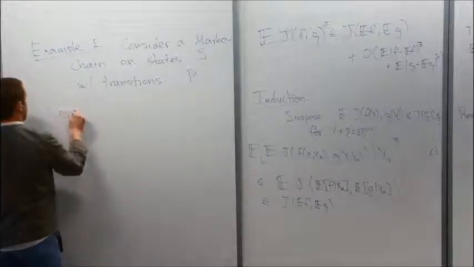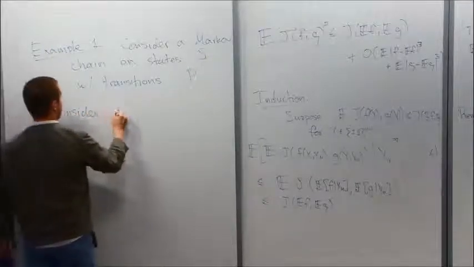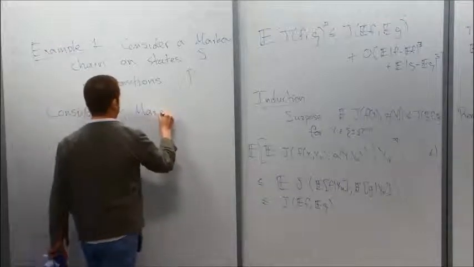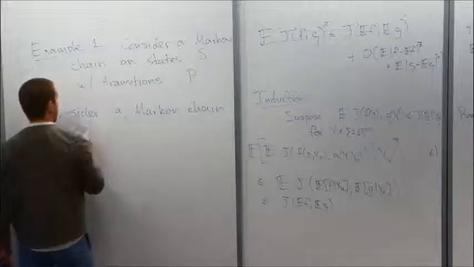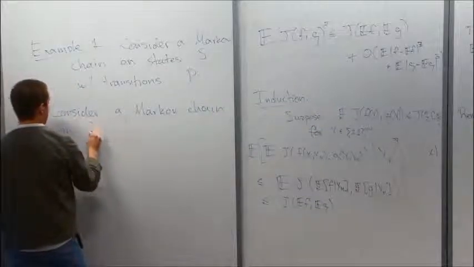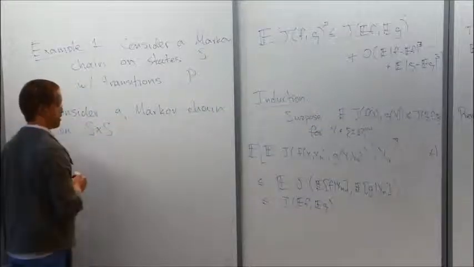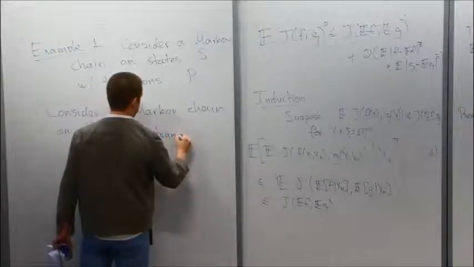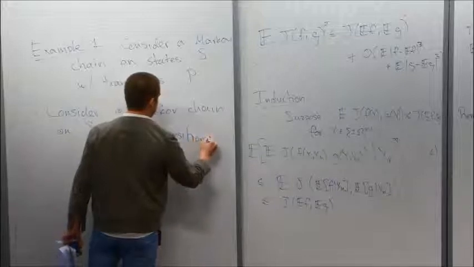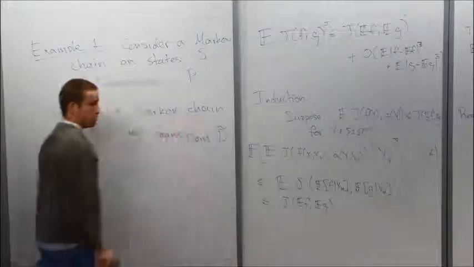So actually, now I'm going to think of a Markov chain on ordered pairs of the state space. And some transitions p tilde.